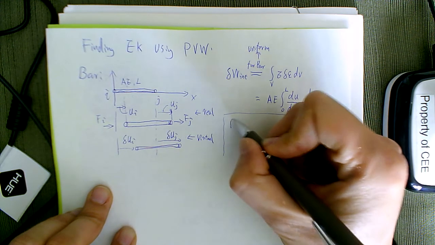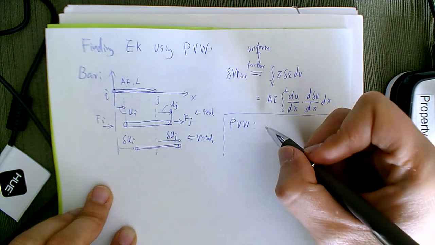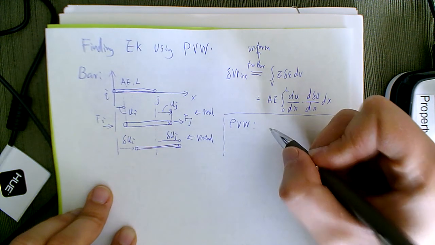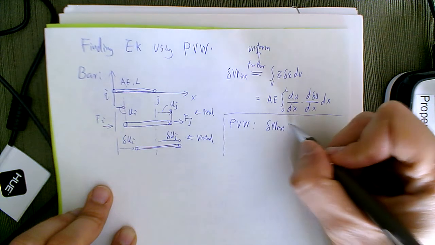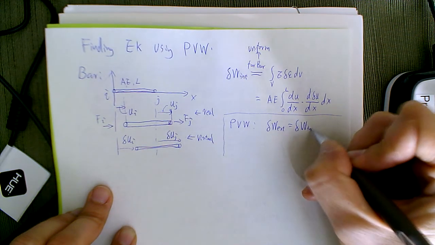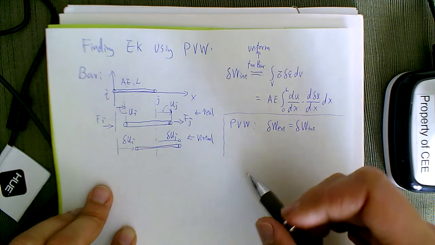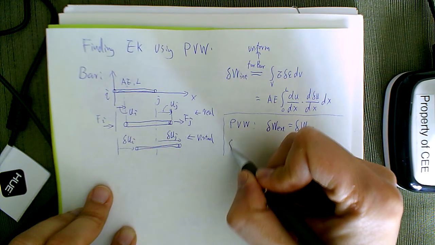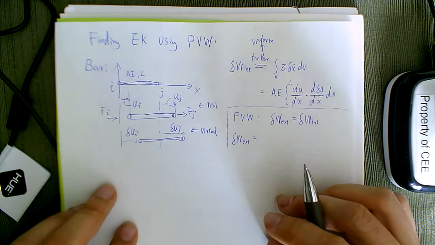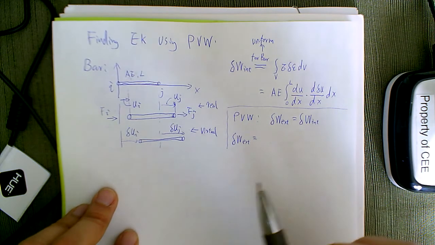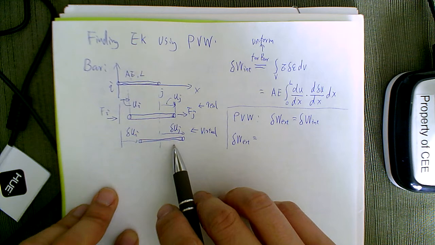We're just going to apply the principle of virtual work, which simply says it's 0 equals total work, or sometimes we can say external virtual work equals internal virtual work. So we just need to write out each one of them. The external work is actually quite simple, because that's a real external force doing work on a virtual displacement.